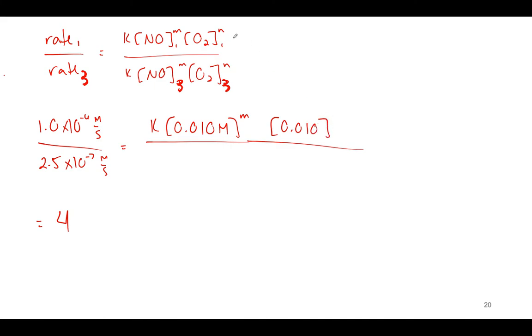We now know that N is equal to 1, so we can just leave a little 1 up here. We don't even really have to include an exponent of 1, since anything raised to the 1 is just itself, but I want to be explicitly clear here.